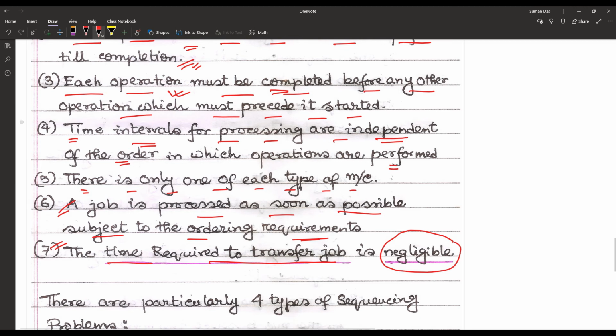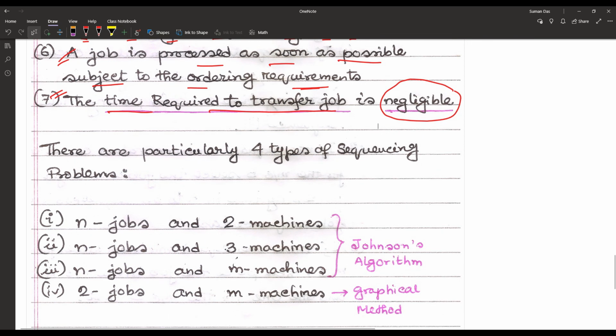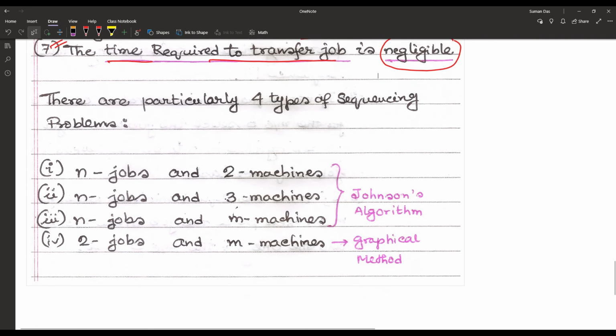So in that way, if we want to perform job sequencing, there are 4 types of sequencing problems. Number 1, n jobs with 2 machines. N may be any integer, and that must be finite, obviously. Second type, n jobs and 3 machines.